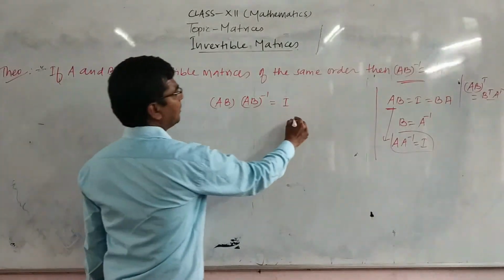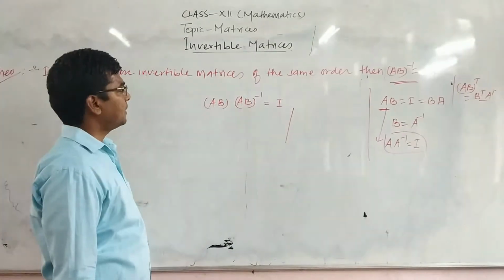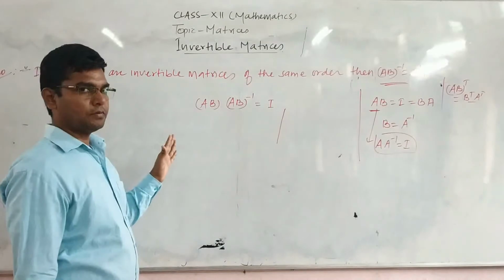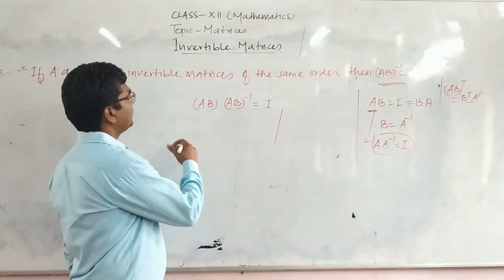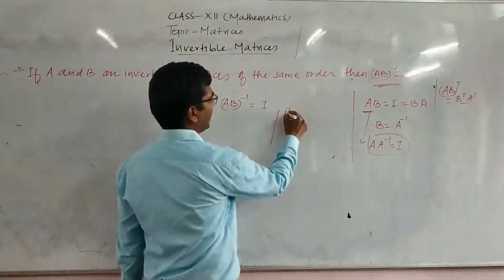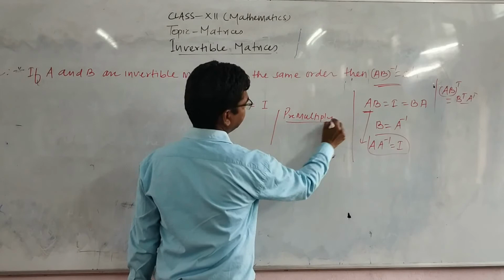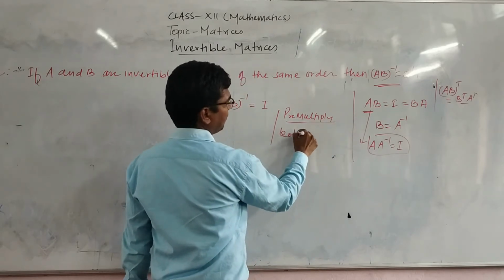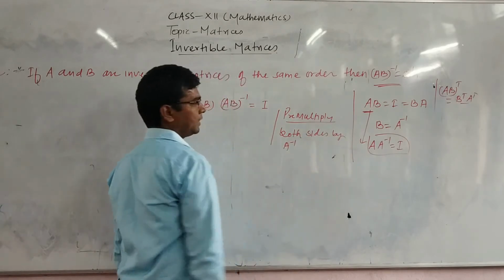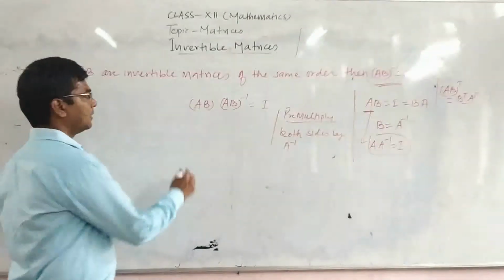So because matrix multiplication is not commutative, to make the multiplication feasible, I am pre-multiplying both sides by A inverse, right?